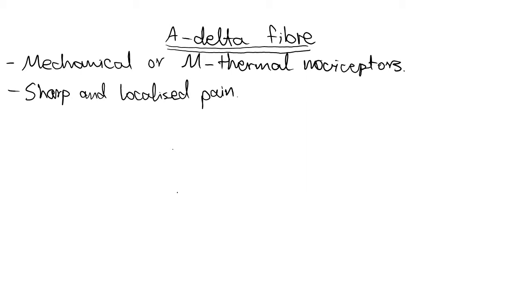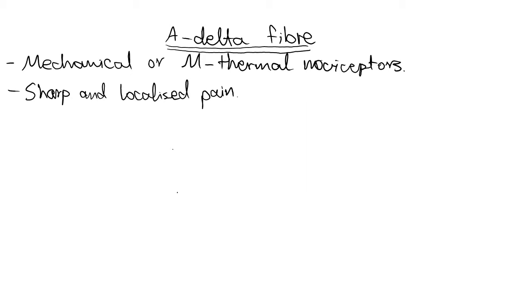This is different to the other fibers that we'll talk about today, which are quite general in their ability to sense pain. Now, since these fibers allow for a sensation of sharp and localized pain, it makes sense that they sense somatic pain.